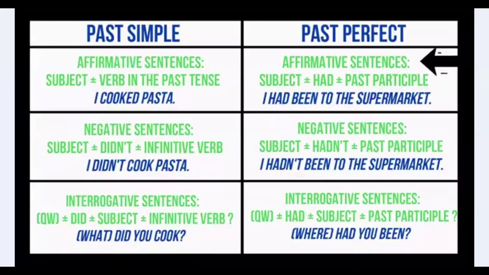In affirmative sentences, past perfect is made up of subject plus had plus past participle. In negative sentences, the structure is subject plus hadn't plus past participle. In interrogative sentences, the structure is question word plus had plus subject plus past participle.